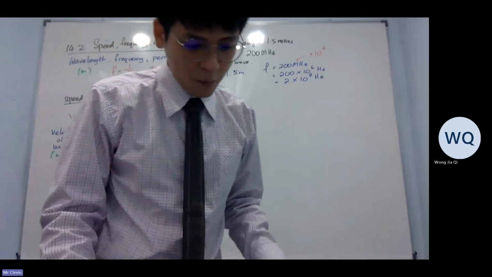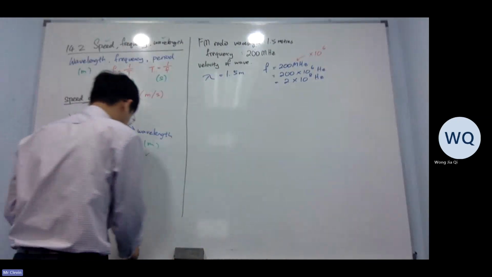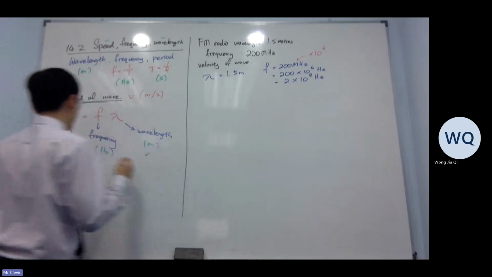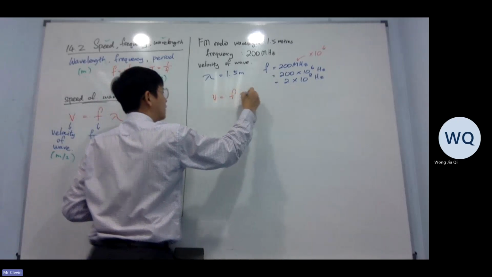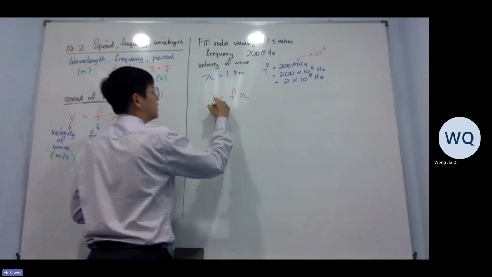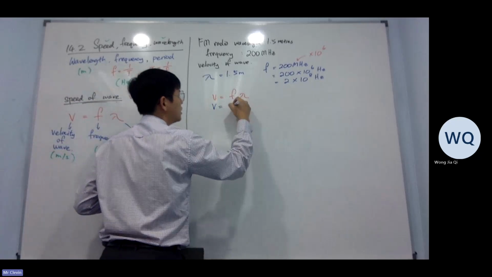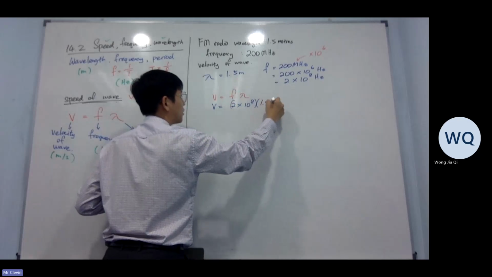Then only now we put what we have into the equation. Based on our formula, V equals F lambda. If I want to find the velocity, velocity equals frequency, 2 times 10 to the power of 8, multiplied by lambda, 1.5.